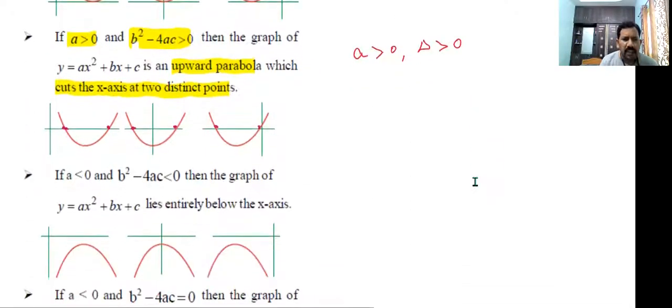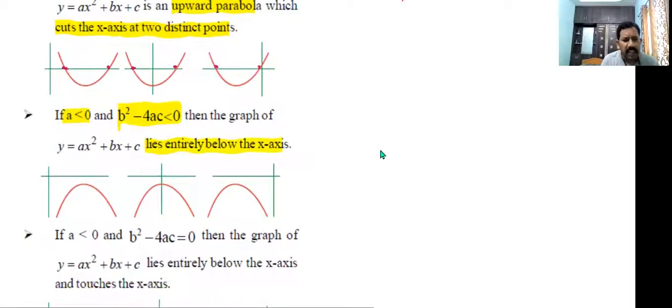Next. If a less than 0, the curve is a downward parabola. If a less than 0 and discriminant less than 0, the graph of the curve lies entirely below the x-axis. See here diagrams. There are three diagrams. This is x-axis, origin. This is y-axis.